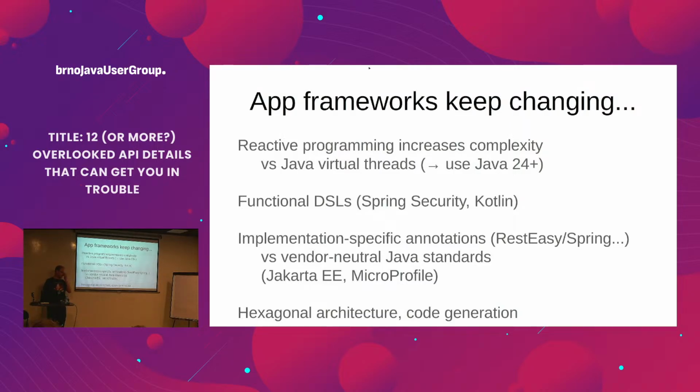Everybody started using some reactive streams and pipelines, and every request went through I don't know how many threads. It looked very cool, but it means complexity.